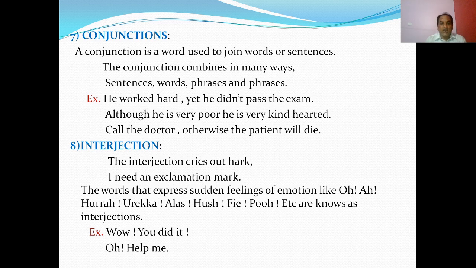The words that express sudden feelings or emotions like oh, ah, hooray, eureka, alas, hush, etc., are known as interjections. Examples: Oh, you did it! Oh, help me! Oh, how! are the examples of interjection.